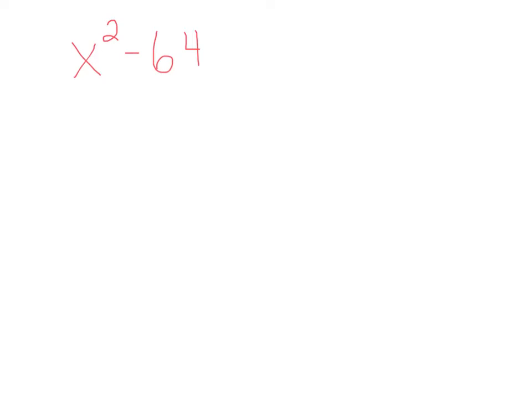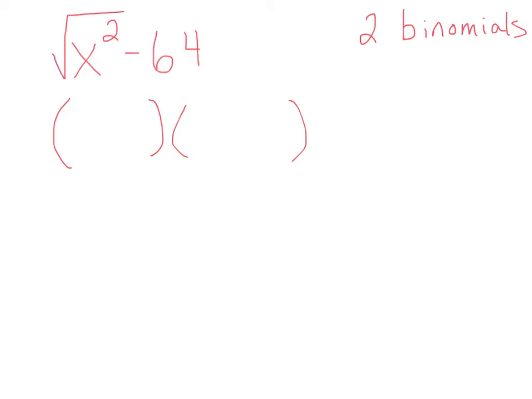So here's how a difference of squares will always factor. You'll write two binomials. A difference of squares always factors into two binomials. And it's so easy what you do. You take the square root of the first term, which is what?